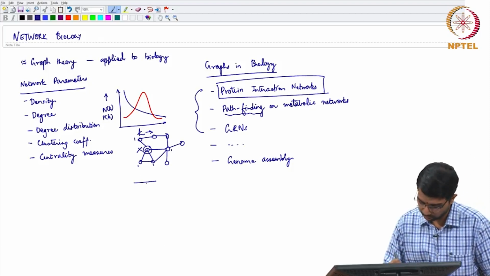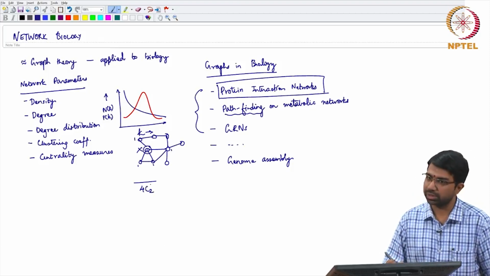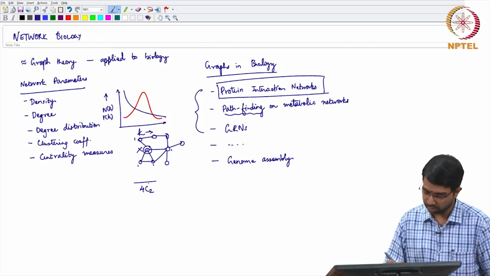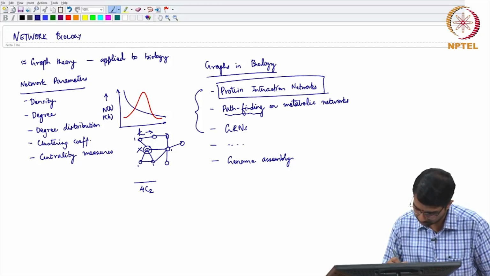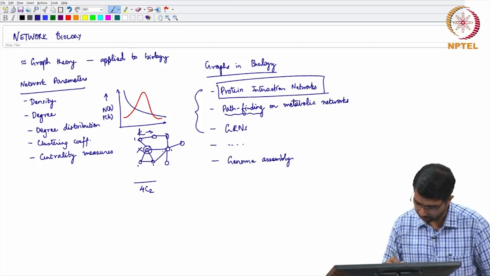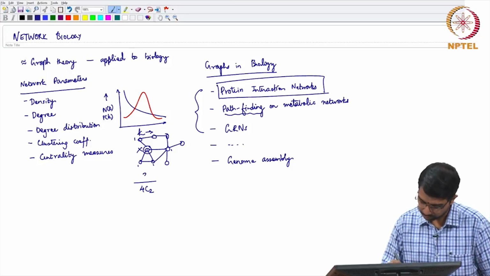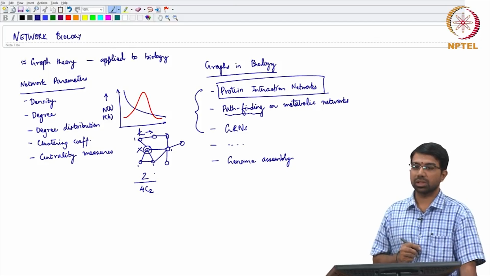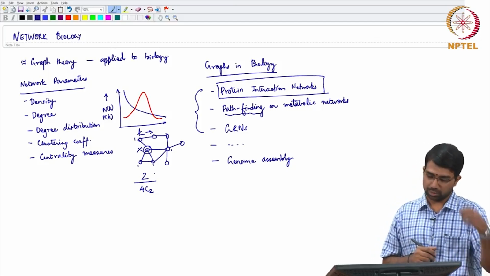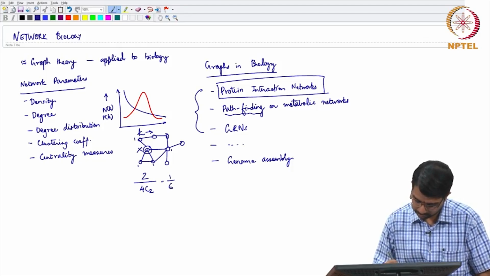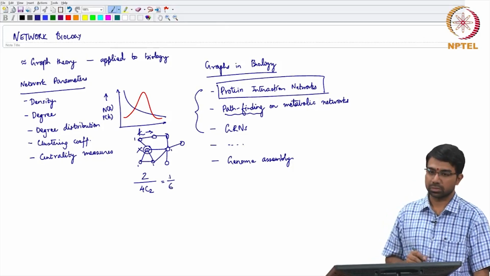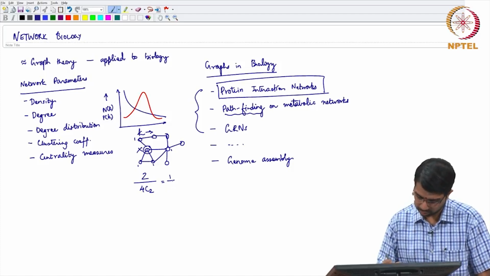So, there are a total of possible 4 choose 2 edges between those nodes, but how many of them exist? You have 1 here, you have 2 here. So, this is the clustering coefficient of this node, which is basically 2 by 6, 1 by 3.